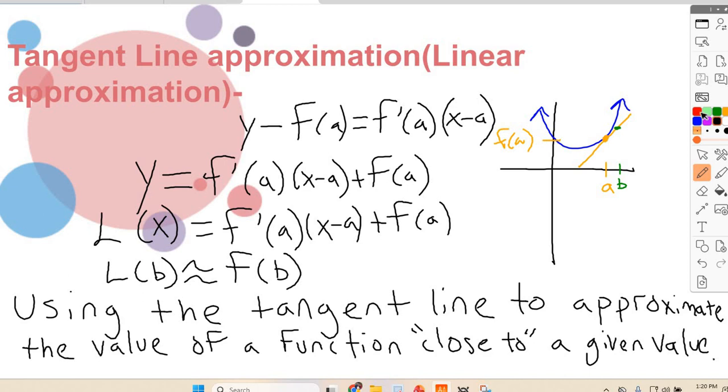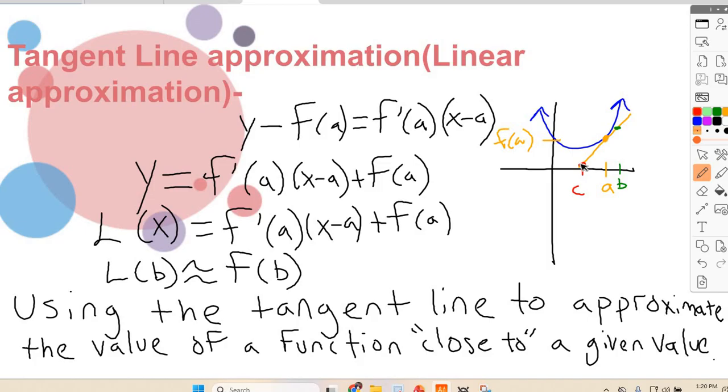Notice that if I had picked some value way over here instead, C, would this point be a very good approximation for my blue curve? Not really. That's why I say close to, because the further away you get from your original value, the worse your approximation is going to be.